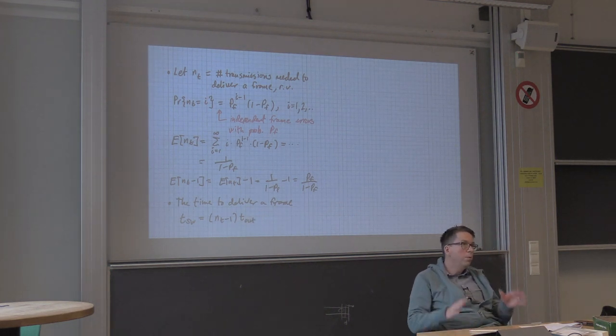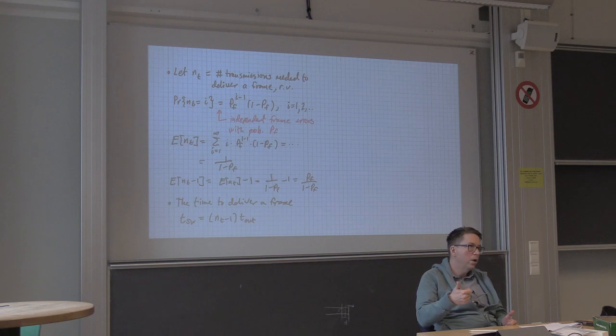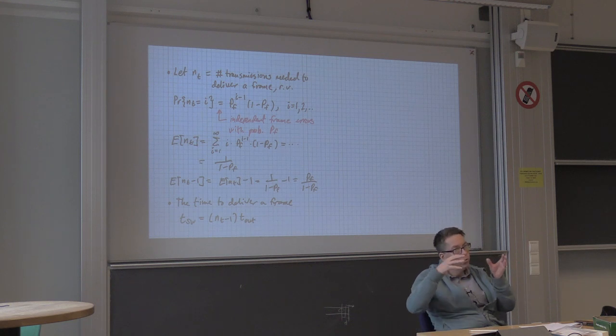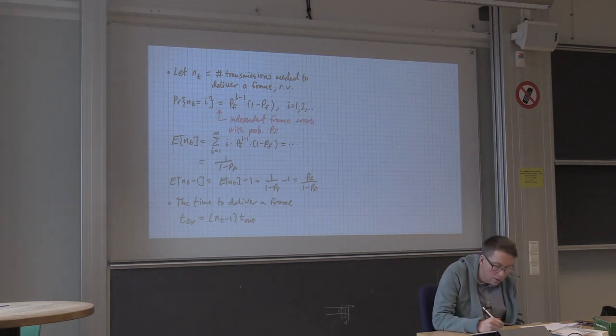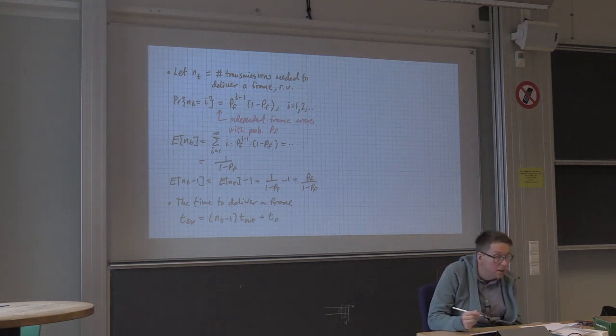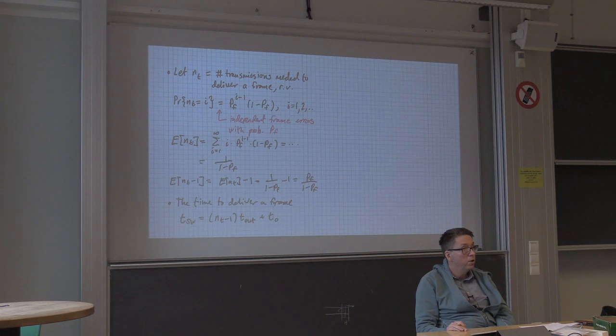Remember, when we send a frame, we start a timer, and after t out it expires, and then we know something bad has happened, and we retransmit the frame. This is the time required for all the retransmissions, and then at the end we have 1 successful frame, and that takes t0, the reaction time.